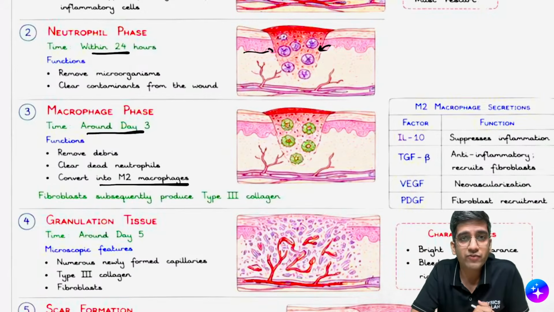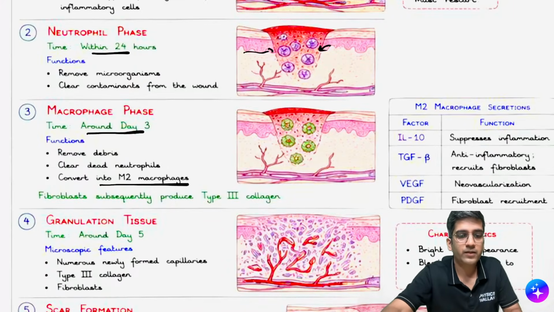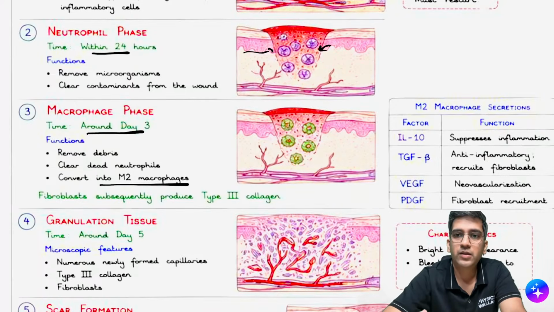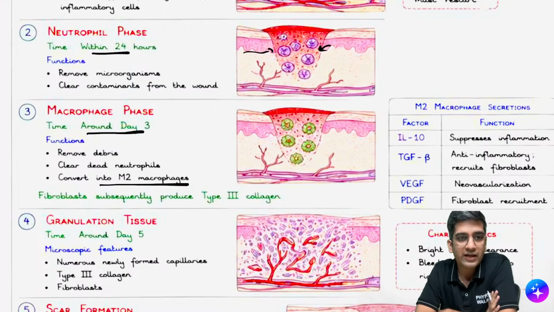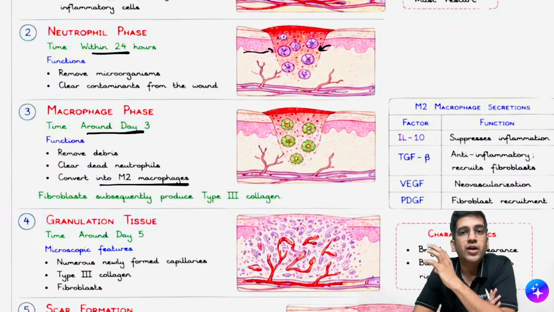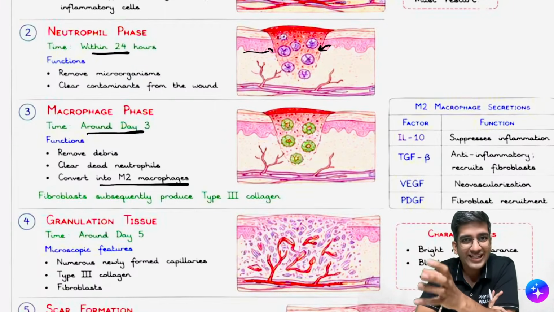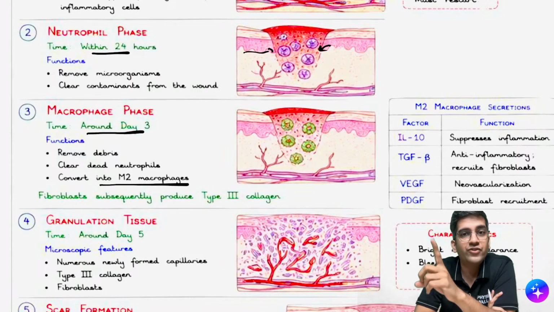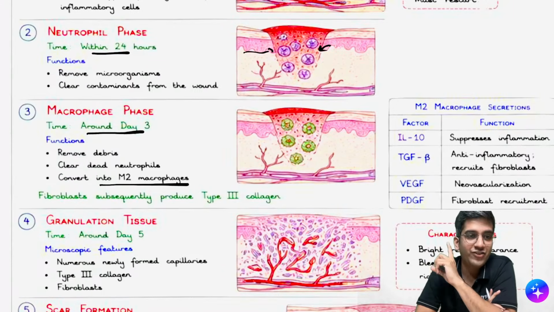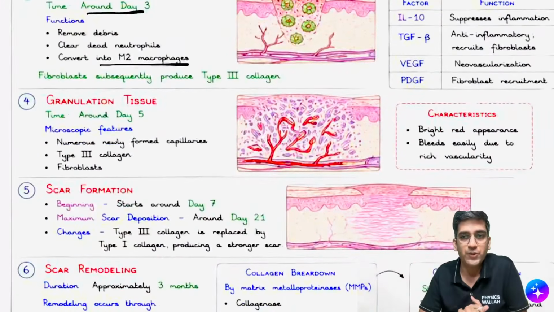If you remember M2 macrophages, the function of M2 macrophages is nothing but to heal. M2 macrophages secrete, we just saw that, TGF beta and VEGF, right? So next is granulation tissue.